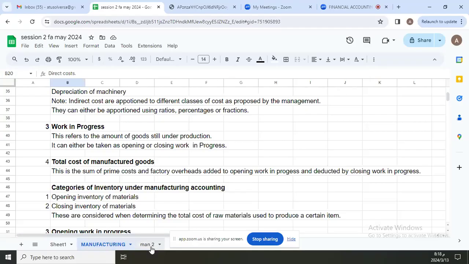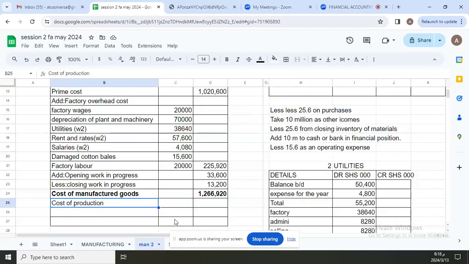So we said here, we add this. Let me repeat it for some.